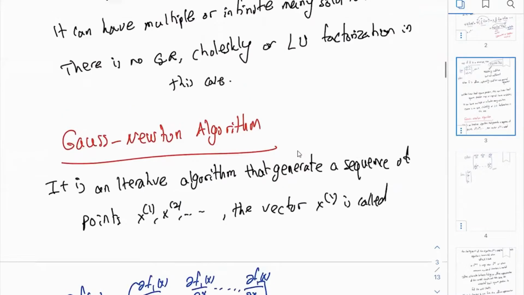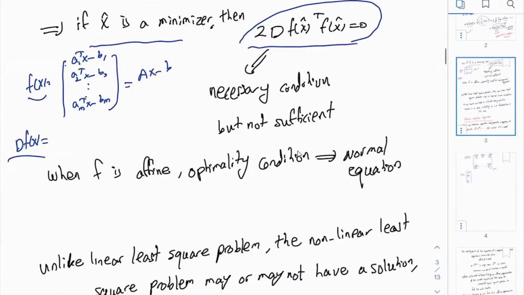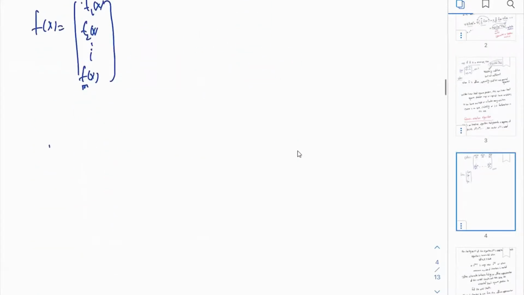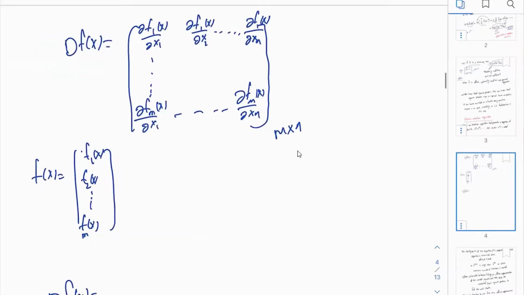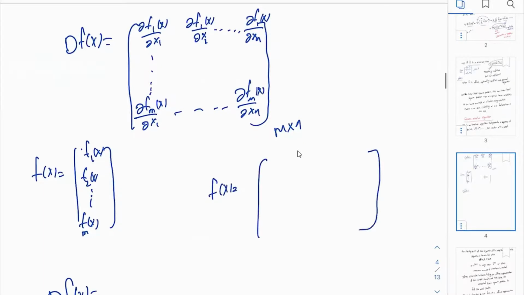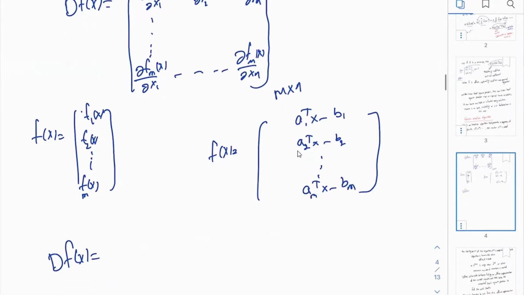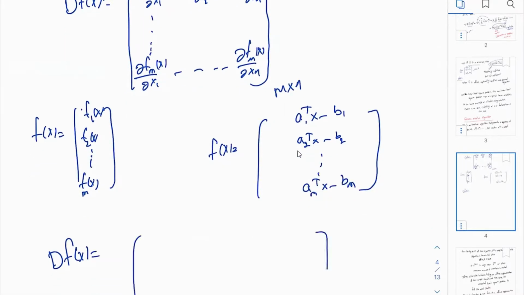I would like to calculate this quantity here for the linear case, right? Let's see what Df of x is in this case. So what is f of x that we have? Let's write it one more time. It's a1 transpose x minus b1, a2 transpose x minus b2, all the way to am transpose x minus bm. All right, so let's put it here. Let's see what we get.